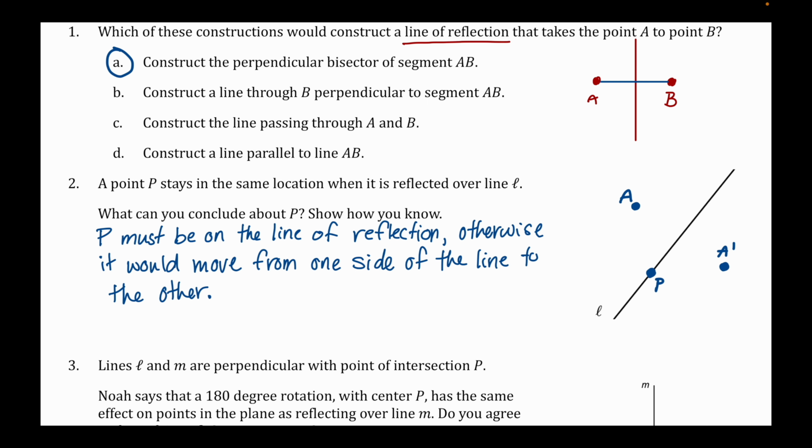And then I'm going to say example A to A prime. That looks more like a comma. A to A prime, also because the symbol should be up here. I'm going to say A to A prime on the picture because I drew it. So the only place for P is to be on that line. Otherwise, it would move like A to A prime and switch from one side to the other.